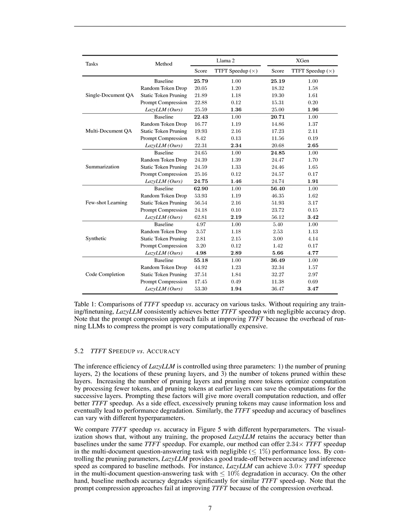The results indicated that LazyLLM consistently achieved better TTFT speedup with negligible accuracy loss, exemplified by a 2.34x TTFT speedup in multi-document question answering tasks with less than 1% performance degradation.